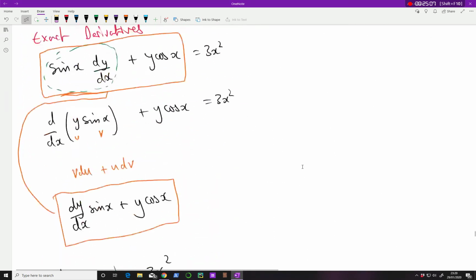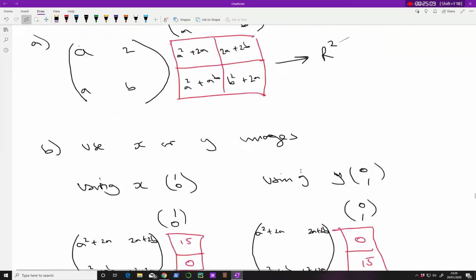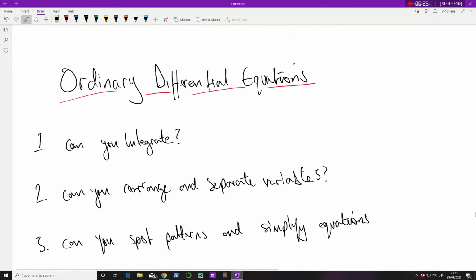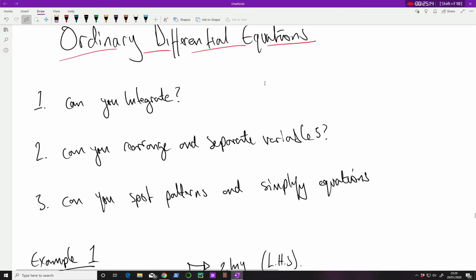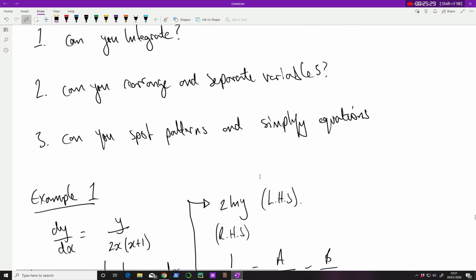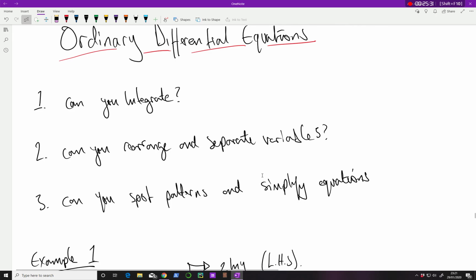So I just want to recap quickly. Ordinary differential equations is focusing on: do you know how to integrate? Do you know how to rearrange and separate variables? And can you spot patterns and simplify equations? Spotting patterns and simplifying equations is everything to do with exact derivatives and using the integration factor. So number two is more about rearranging in order to get the integration factor.